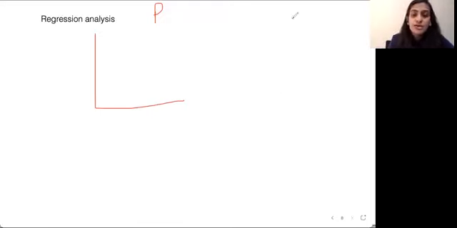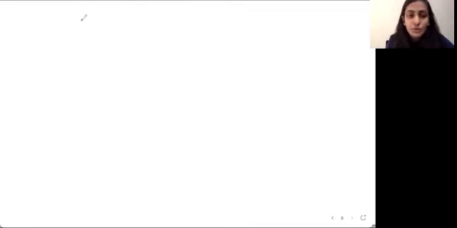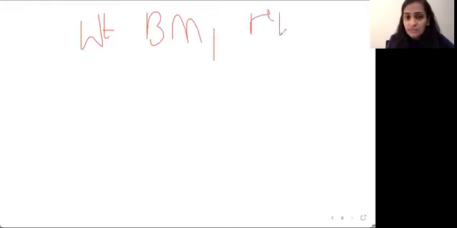Now, the next thing that you see, your correlational statistics. Do you see that picture which says correlational statistics? It tells you your weight, your height, and your BMI. Let's see how to read this table.